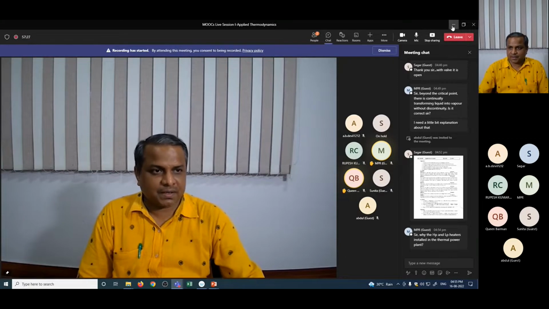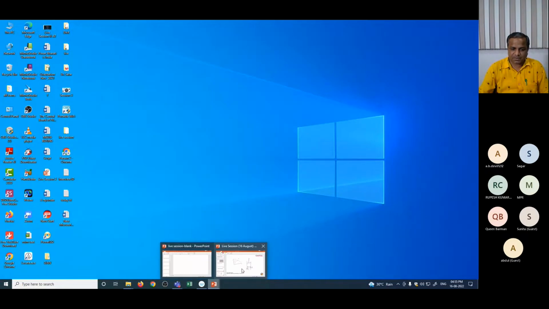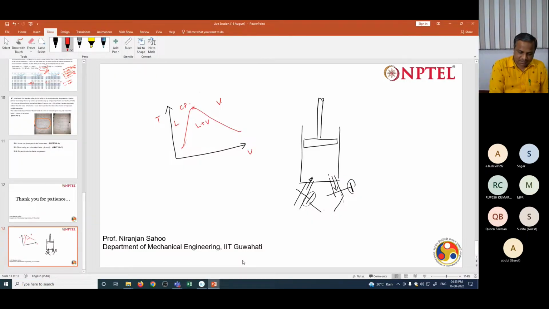If I can share a figure, recall your Rankine cycle, the temperature-entropy diagram. The Rankine cycle looks something like this.